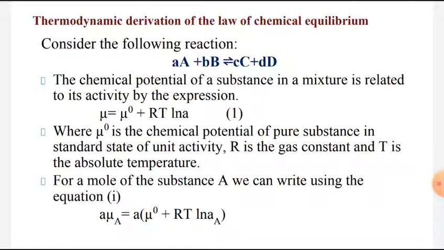For a moles of substance A, we can write using equation 1, a mu A, which denotes the chemical potential of reactant A, equals a multiplied by mu 0 plus RT ln a.